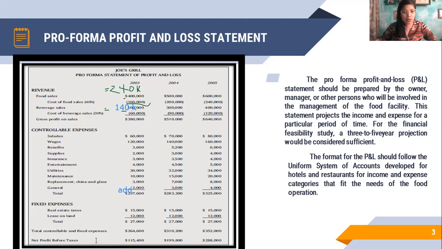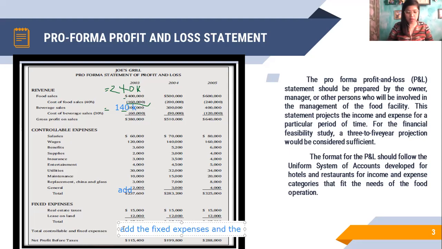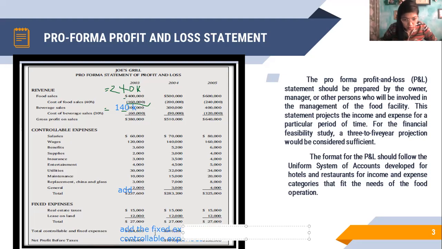And then for the total controllable and fixed expenses, you just add the fixed expenses to the controllable expenses, in order to get the total for the controllable and fixed expenses.